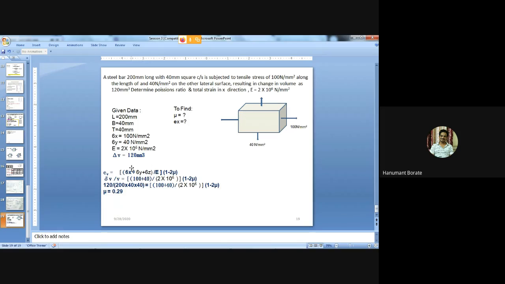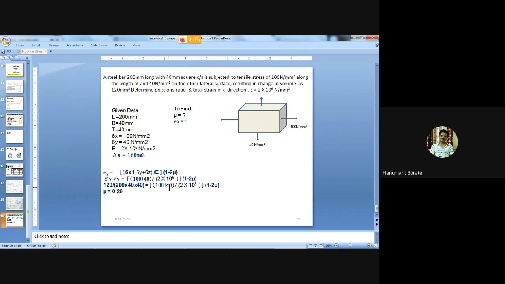Next, important, sigma x value is given as 100, sigma y value is given as 40, and both are tensile, so I have taken the positive sign here. But there is no stress in the z direction, so directly we can put sigma z equal to 0. Then the value of E is given as 2 into 10 raised to 6 Newton per mm square, and we need to calculate the value of mu.